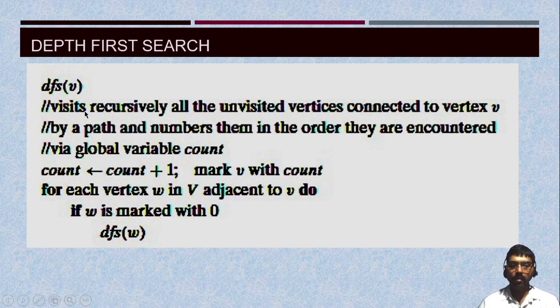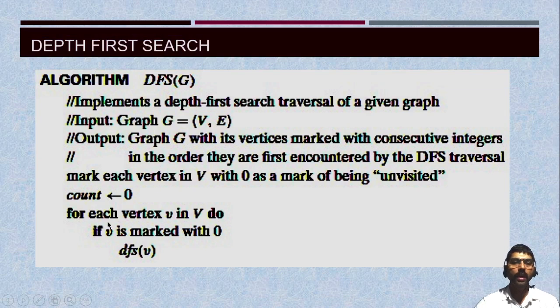Now here, first I will pick any one vertex v from the set of vertices. And we check whether that v is actually visited or not. If that vertex is not visited, I apply the DFS algorithm here.